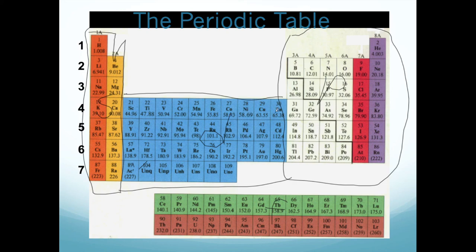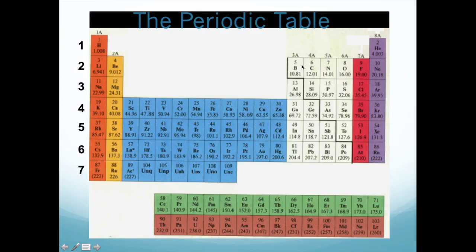The other thing I want to draw your attention to, let me erase this for a second, is this staircase border that we have in our periodic table. It serves as the border between metals and non-metals.